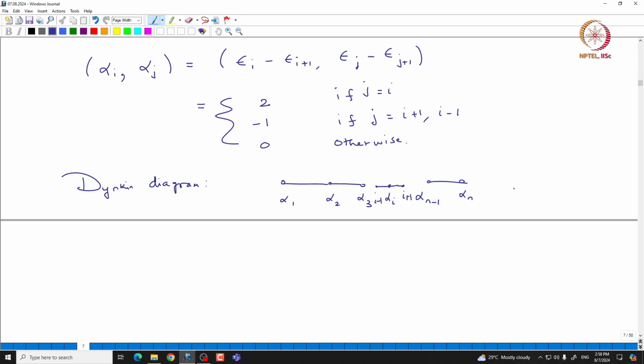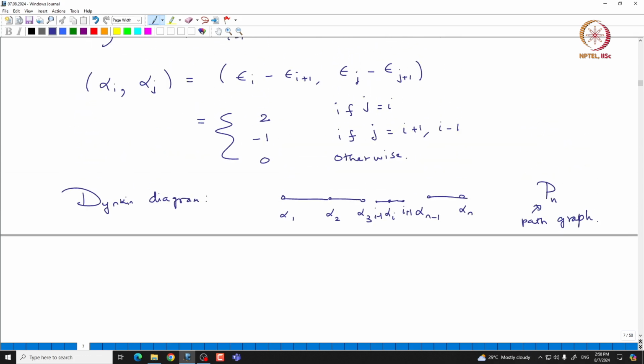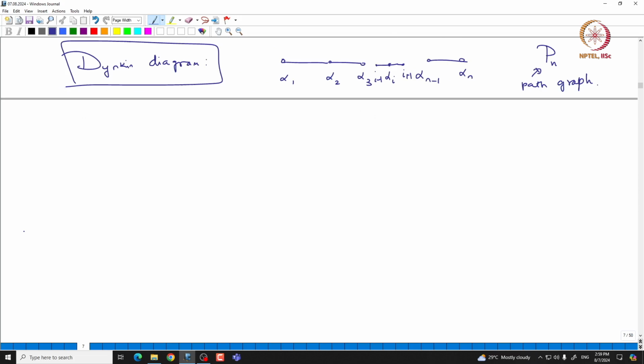So, in particular this is just a path, isomorphic to the path graph Pn on n vertices. So, we have this inner product information encoded in this Dynkin diagram. Anyway, we do not need much information about Dynkin diagrams.